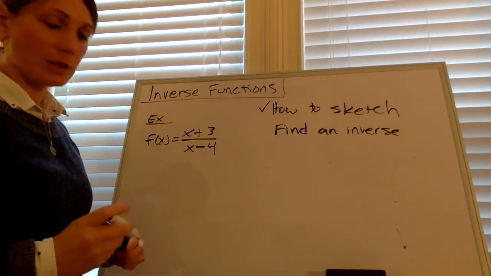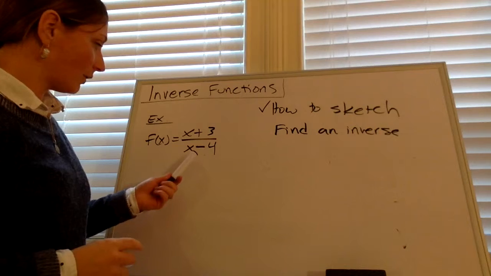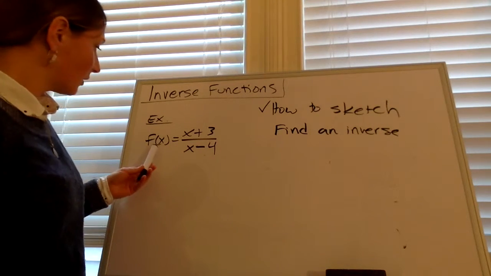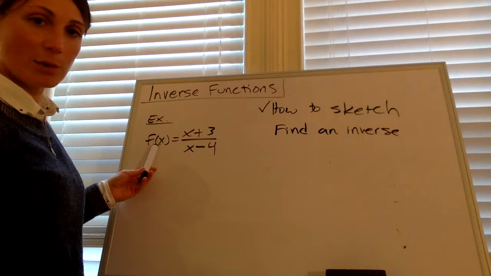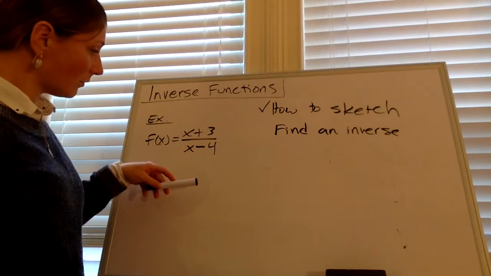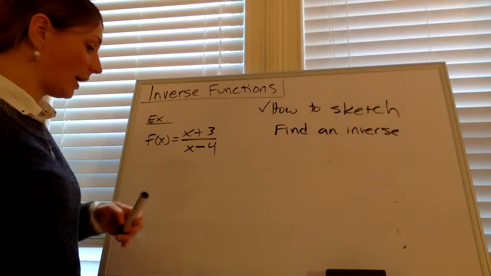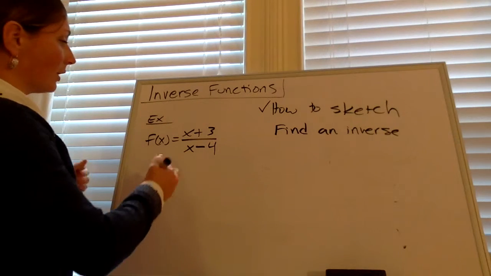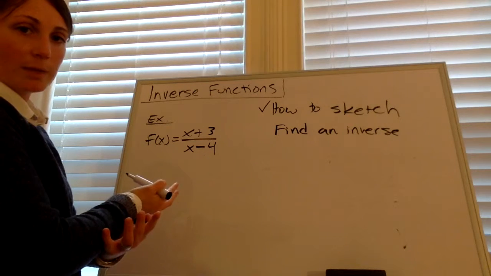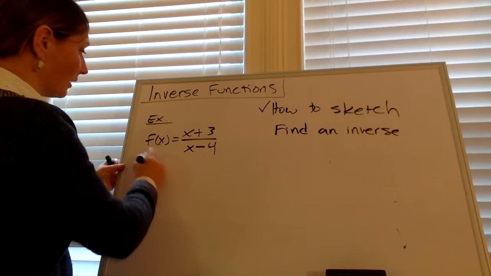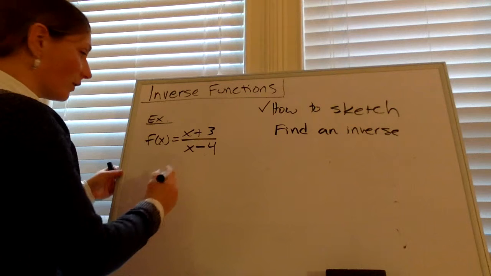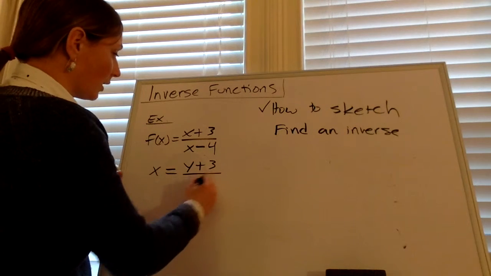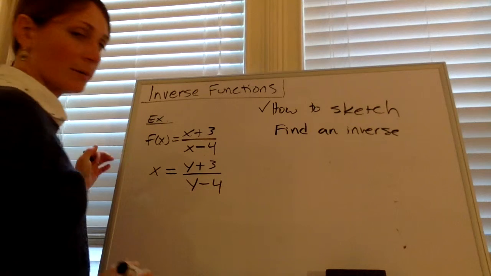A rational function. Now, if I want that function's inverse, I'm just going to use the idea of the reflection. If this has the point (a, b), then its inverse is going to have the point (b, a). So I'm literally just going to, maybe you remember this, switch the roles of x and y. So it's going to look like this. Instead of y equals all of this, it's going to say x equals (y plus 3) over (y minus 4).